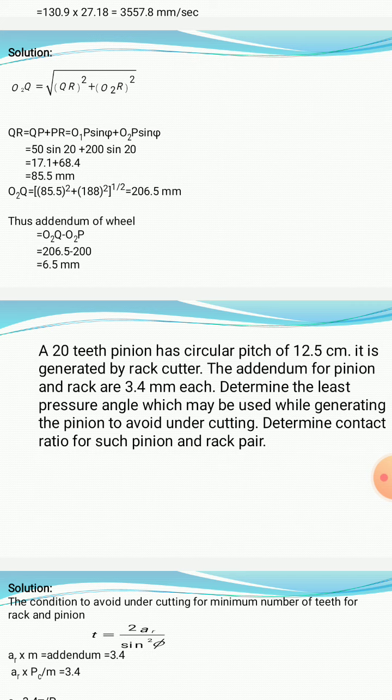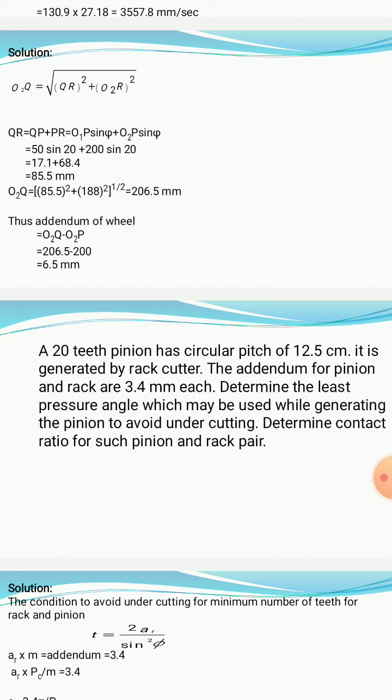In the last video we discussed that for the interference condition, the addendum of the other wheel cuts the base circle of the engaging gear. So we consider the maximum addendum for that particular gear so that it cuts the base circle of the other gear.